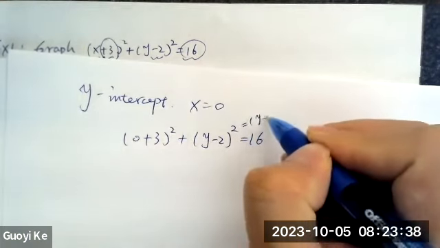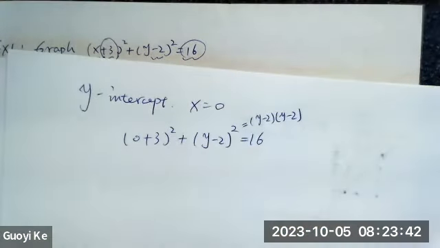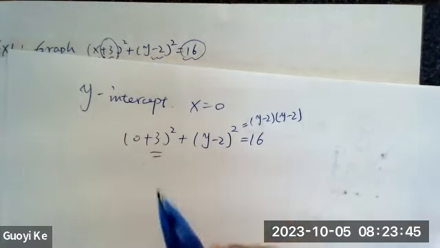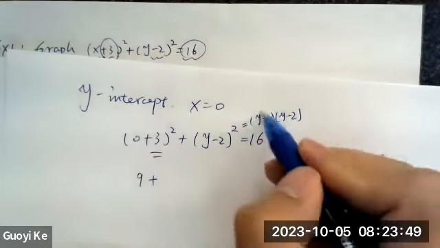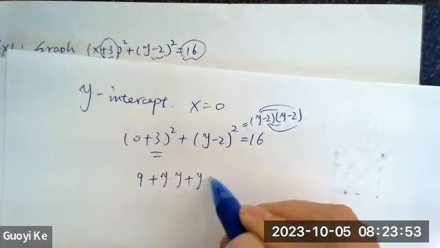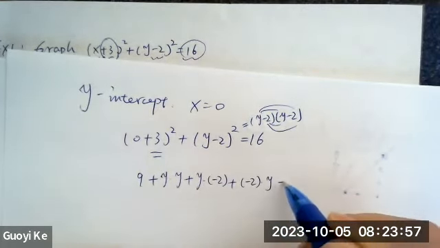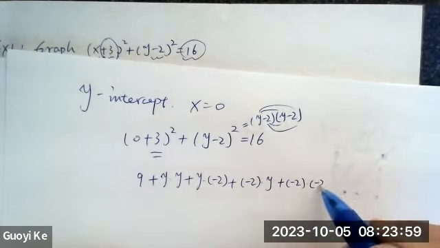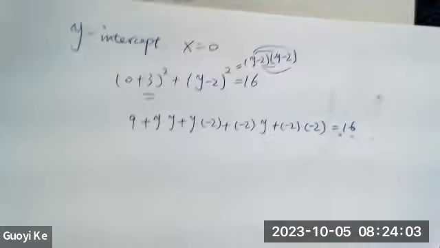And for this one it's 1 times minus 2 times 1 minus 2. And this should be a 9, right? So distribution: -2 times -2 equals 4. Okay, distribution. Now we can simplify it.